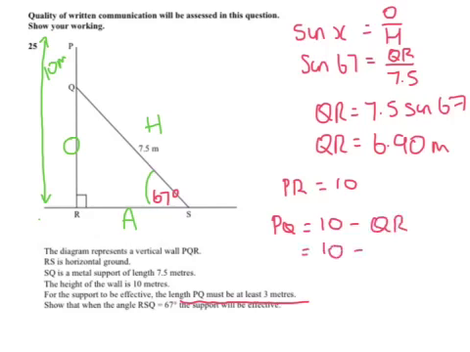So that's 10 minus 6.9. So PQ is equal to 3.1. Therefore, the support is effective, because it's greater than 3 meters.